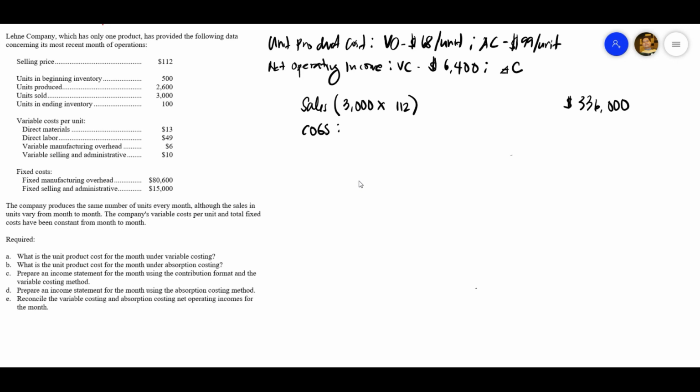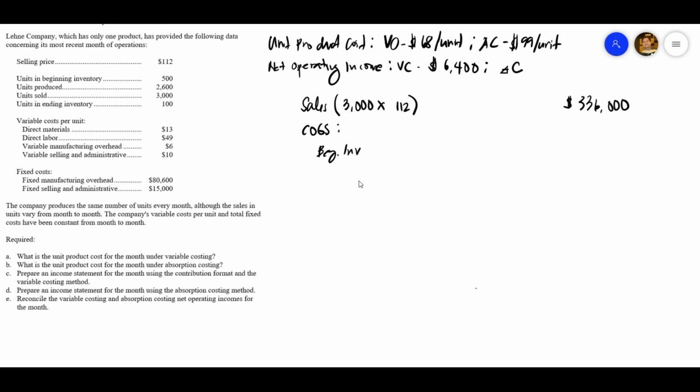We don't need to dissect the cost of goods sold into variable and fixed cost, because it is already incorporated in this unit product cost. So for our cost of goods sold, we'll be starting with your beginning inventory.